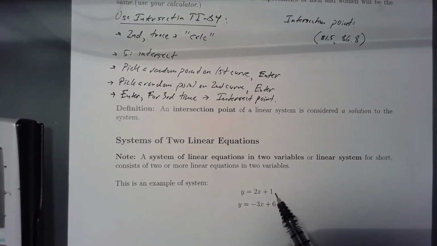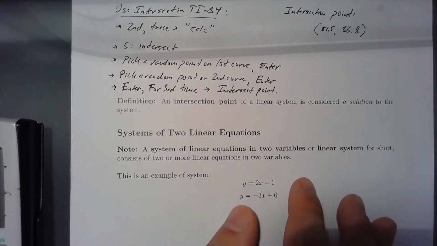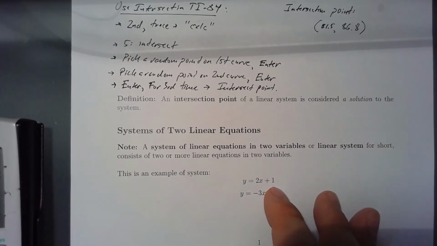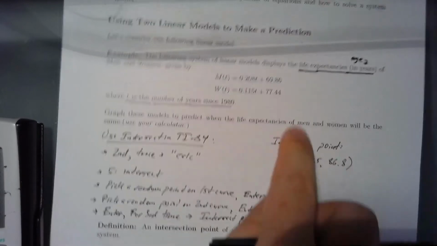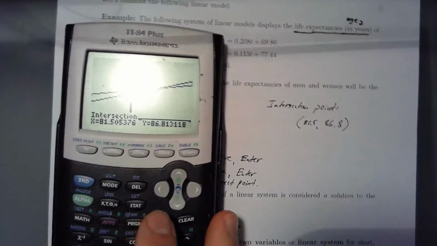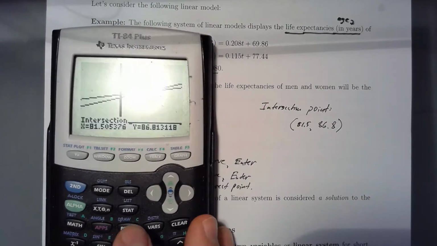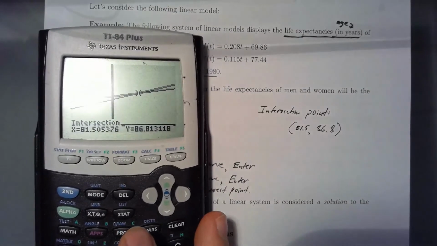If you have two equations, you're going to have two variables, x and y. If you have three equations in a system, you're going to have three variables, and so on. So here's an example of a linear system in two equations, just like this was an example, and we actually solved it using our calculator. We're going to look at methods by hand in 3.2.